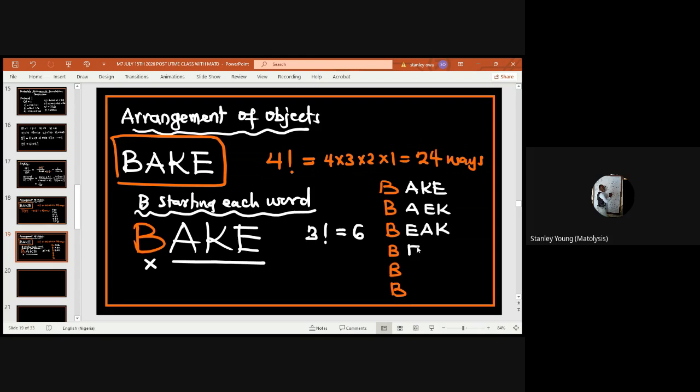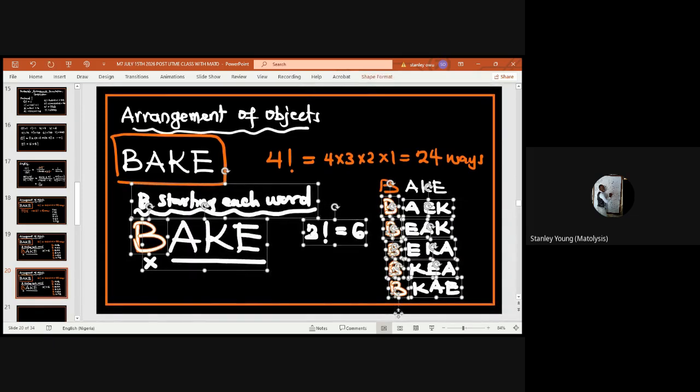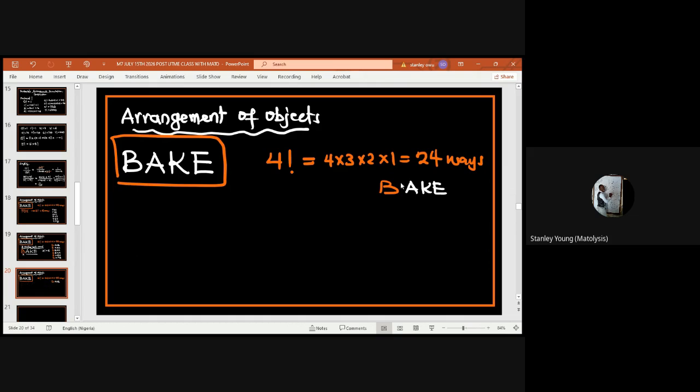I can have BE with A and K swapping position. Then I can have BKEA. I can also have BK with E and A swapping position. So you can see that this is what we have. So if you want to arrange the letters in the word bake, with B starting each word, the answer is going to be that.